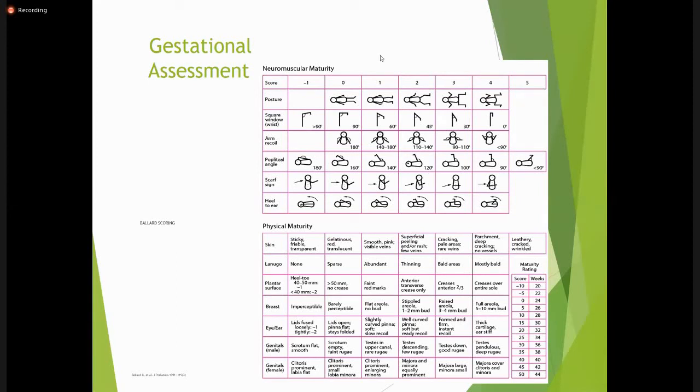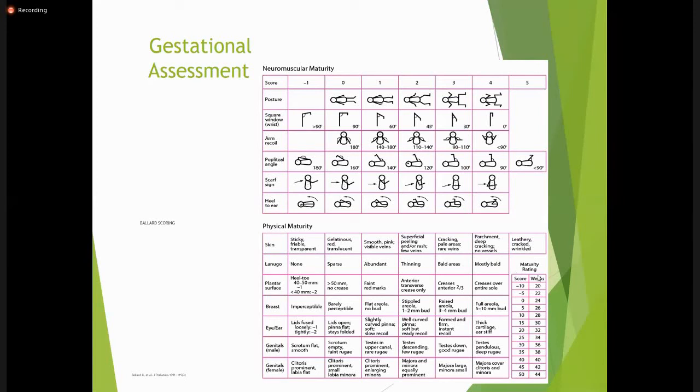There are two components of this chart. One is the neuromuscular maturity and the other is the physical maturity. There is a score given against each parameter, and you just tick whatever you find, and then at the end you sum up all the points.